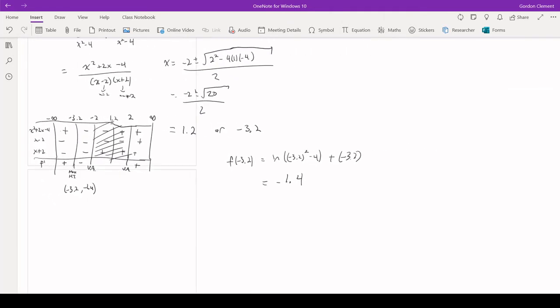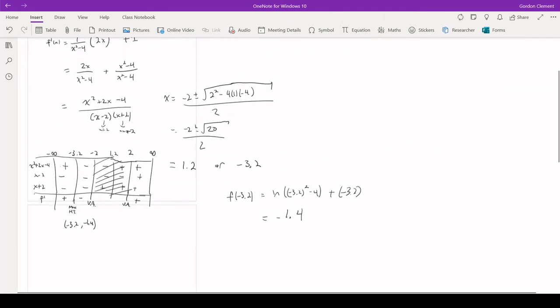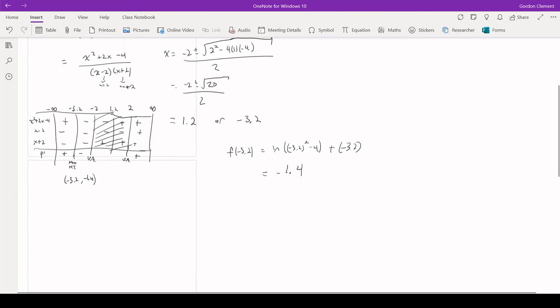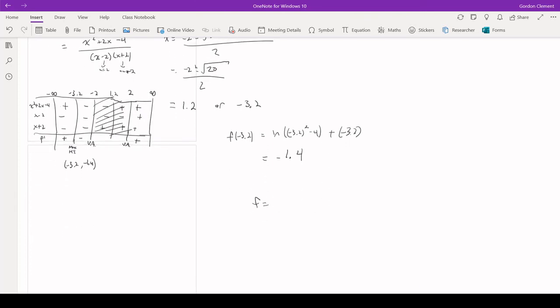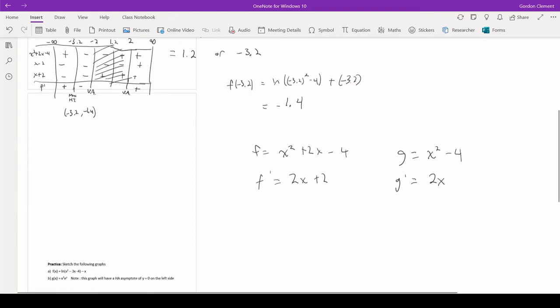Now I'm going to do the second derivative, and I'm going to look at f being, so it's a quotient rule, just a plain old quotient rule. So f is going to be that. And when I'm considering g, it's easier to consider the x squared minus 4 rather than the factored version of that.